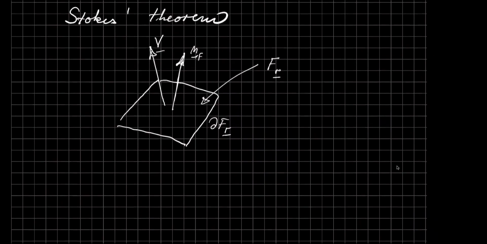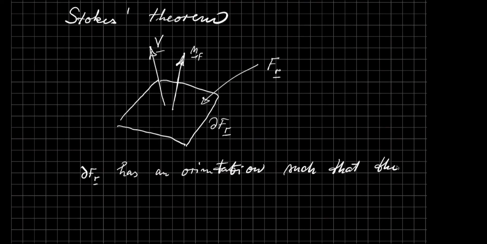Now, I should say that df of r has an orientation or direction such that the right-hand rule is fulfilled.